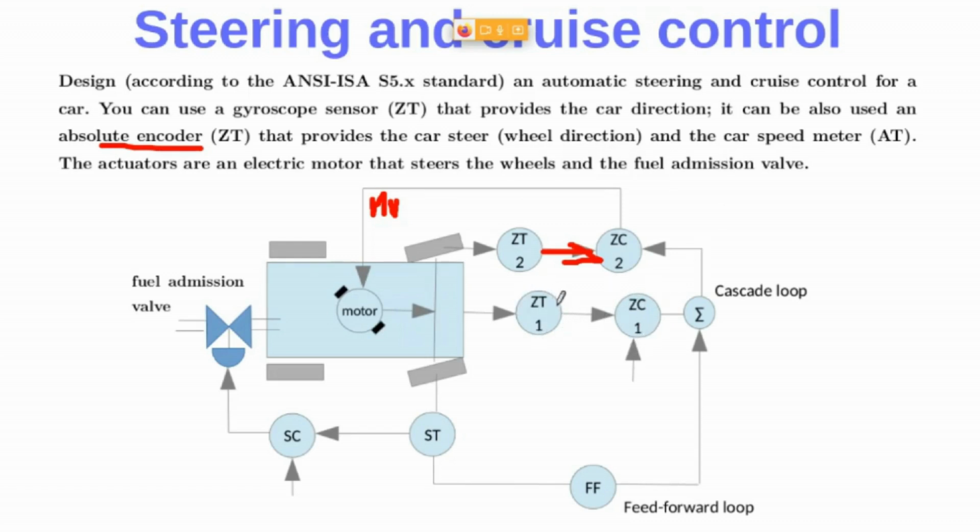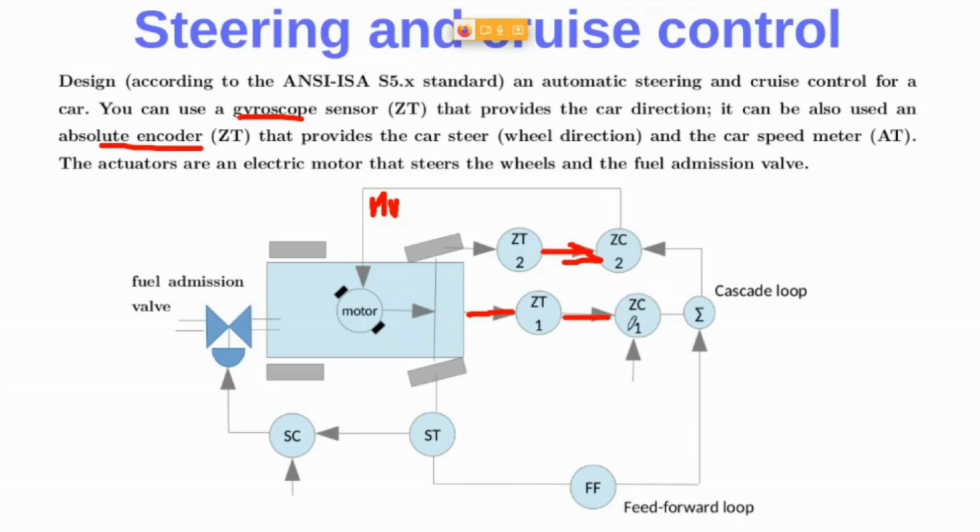So we measure in here with the gyroscope sensor. Here we have the gyro. This gyro informs about the direction that the car takes. And this is the PV. This is the measured PV, remember?